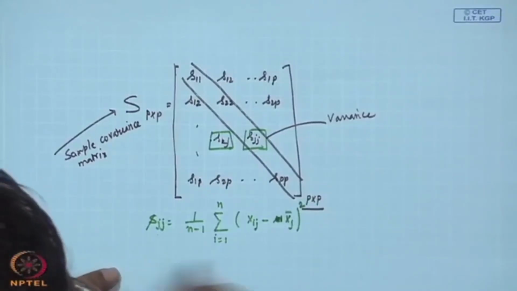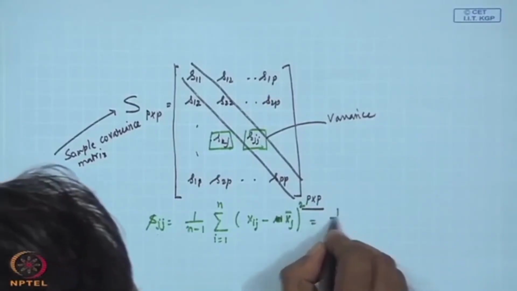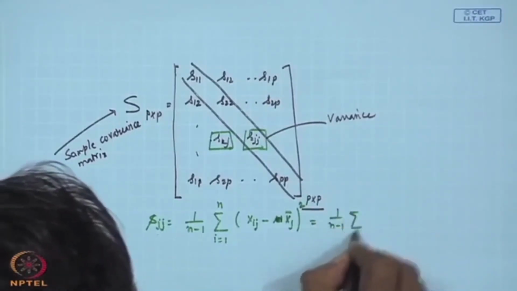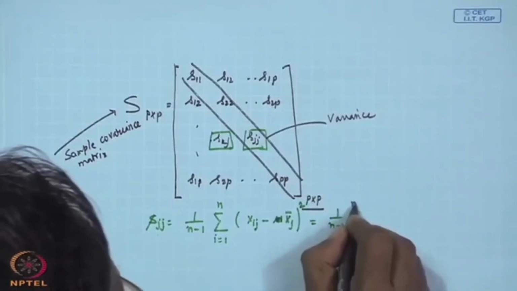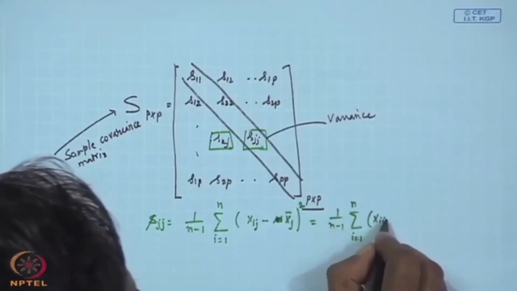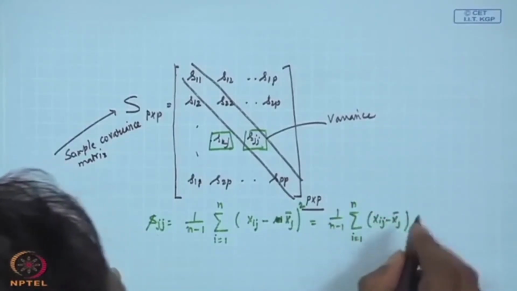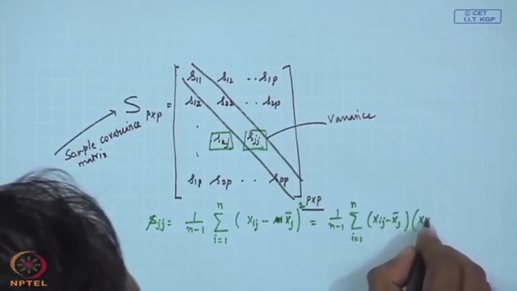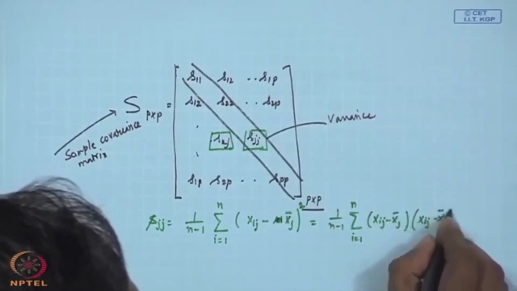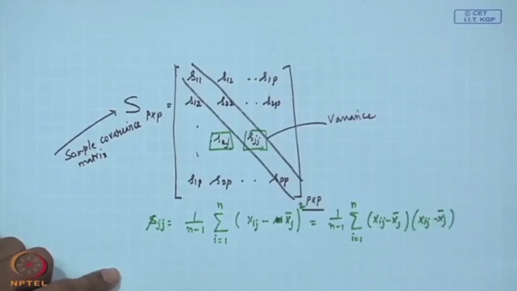Then I can write this one like this: 1 by n minus 1, sum total of i equal to 1 to n, x ij minus x j bar. Again I can write like this, x ij minus x j bar, same thing.